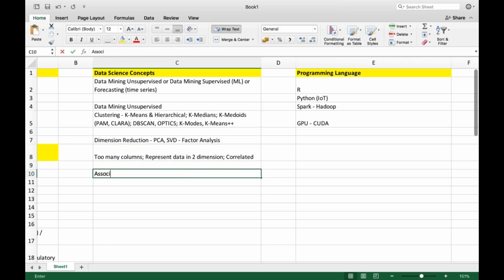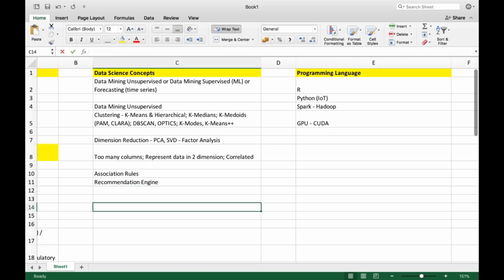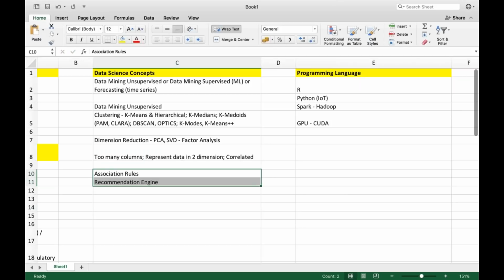Then you have, of course, association rules, and you also have recommendation engine. In most scenarios, they are using a combination of these two. Earlier, association rules was confined to brick and mortar stores, physical retail stores, and recommendation engine was confined to e-commerce. But nowadays, it's a combination which people are using.